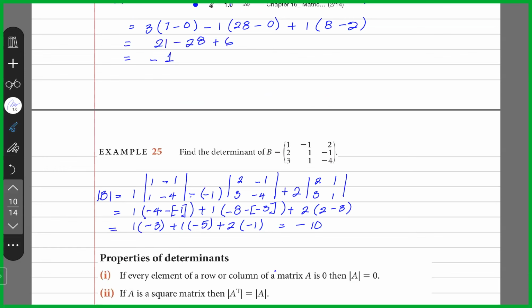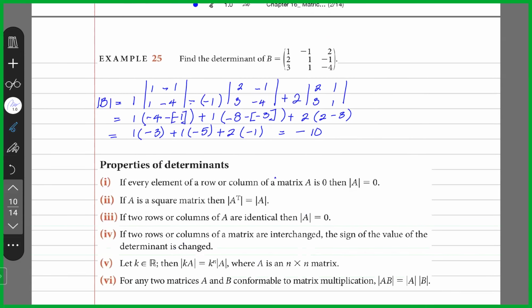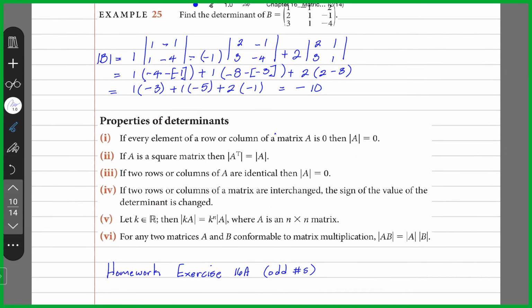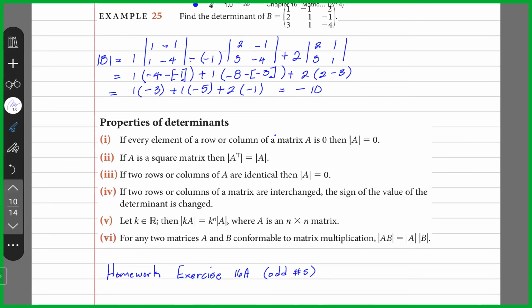Properties of a determinant, some of this is important. So it's good to note these things sometimes. Now, property number 1 says if every element of a row or column of a matrix is 0, then the determinant is 0.